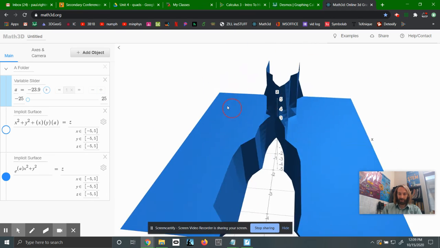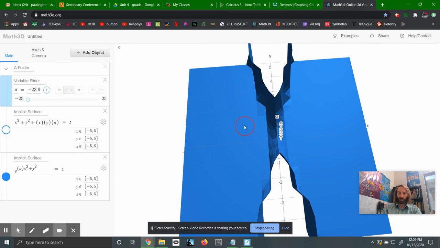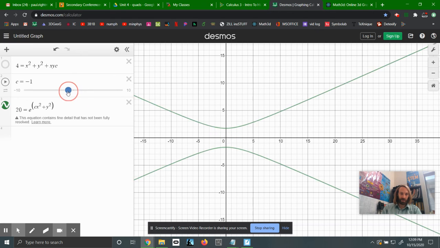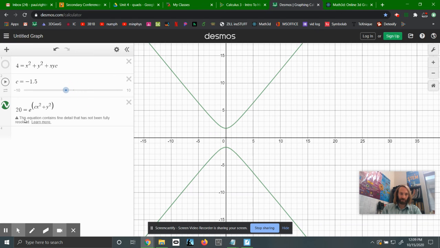So hopefully this gives you an idea of how we can use these traces. I would never ask you to graph something like this, but you can get ideas of what these look like in higher dimensions if you just make the output variable a constant.